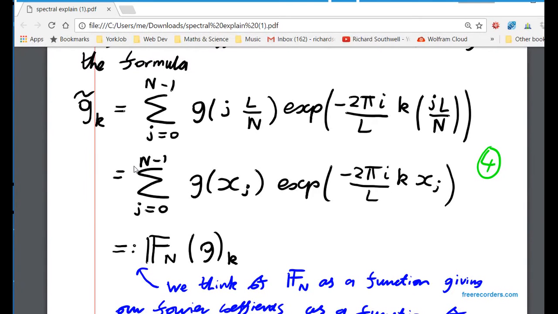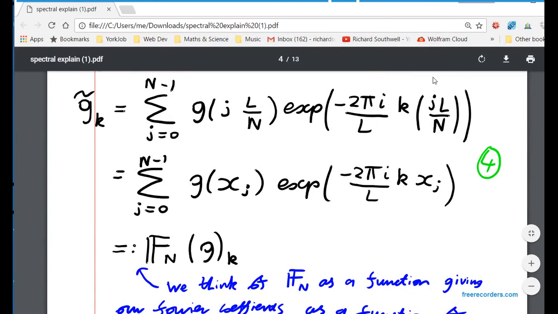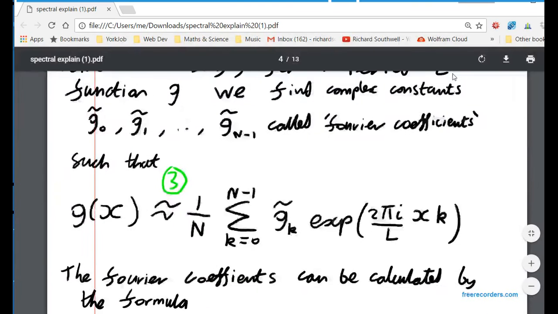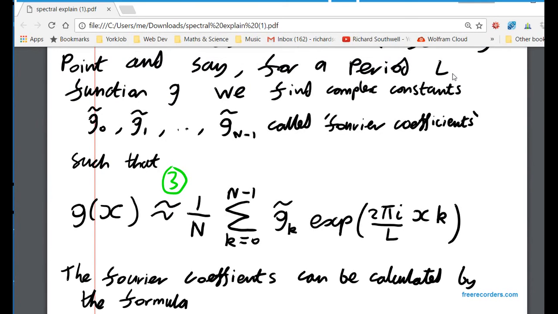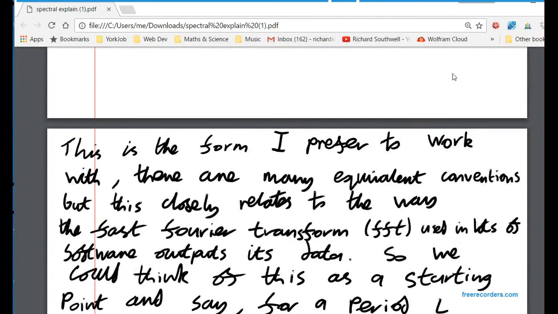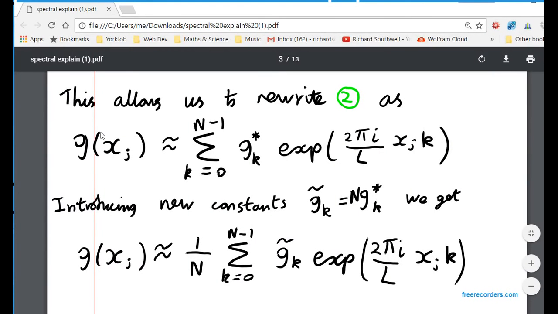This is the way you work out the coefficients, and then the way you approximate the values from the coefficients is given by this equation 3 up here, which has a very similar form, especially when we consider it as it's written at the bottom of this page for a point x_j, one of our grid points.